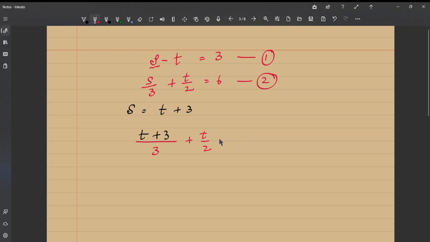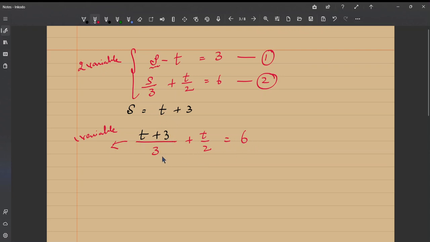All of this is equal to 6. Now, why did we do so? We just wanted to express a two-variable pair of linear equations in just a single variable, so that the solution is much easier. So, since we are substituting, we call this the substitution method.